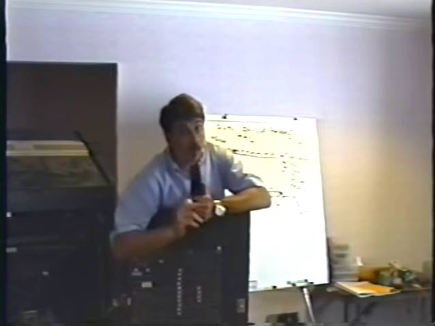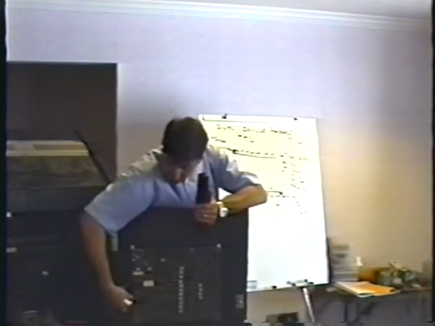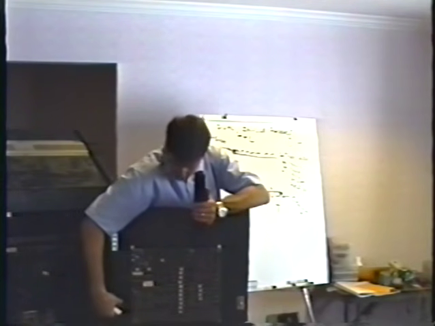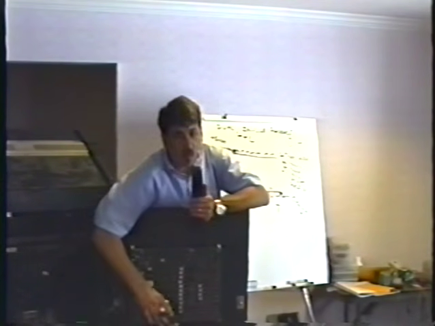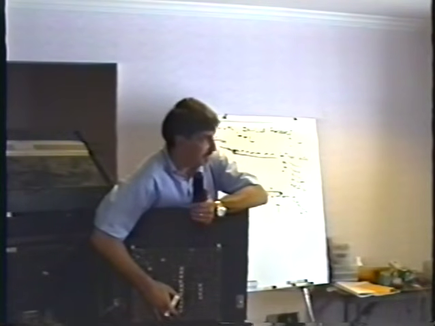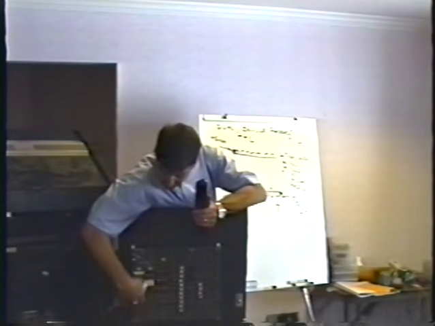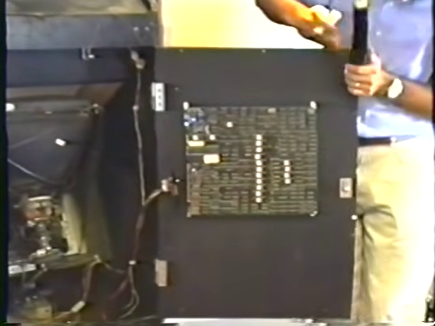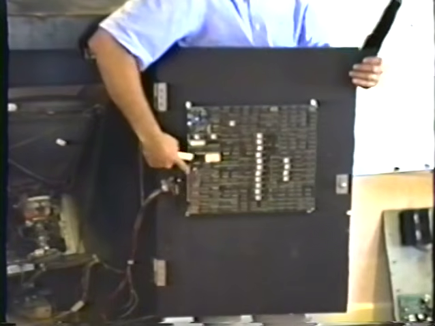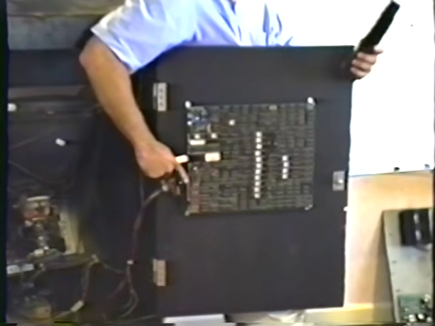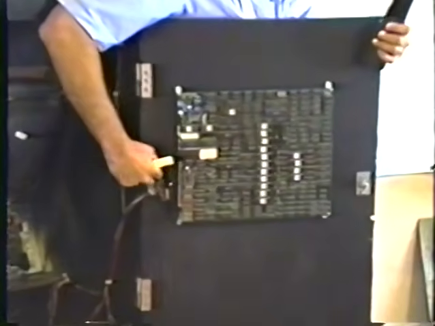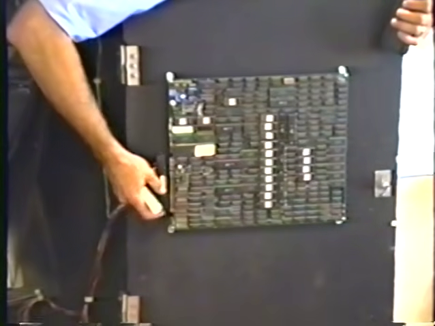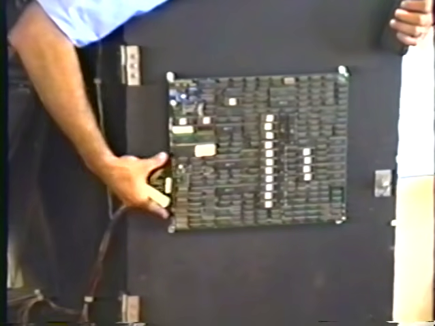I do want to mention one very important thing about this edge connector, though. Before you adjust the power supply, make absolutely certain that the edge connector is clean. Make certain that the connector on the board, the card edge, is clean. That's one of the places where you lose a lot of the voltage, in the connection between the connector and the card edge.